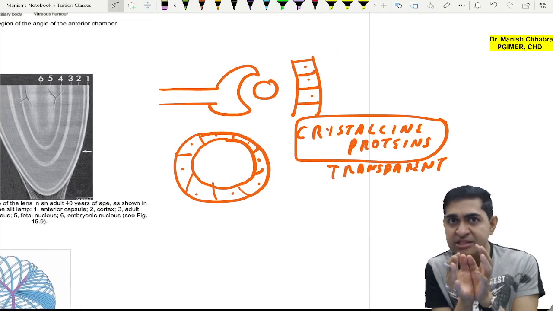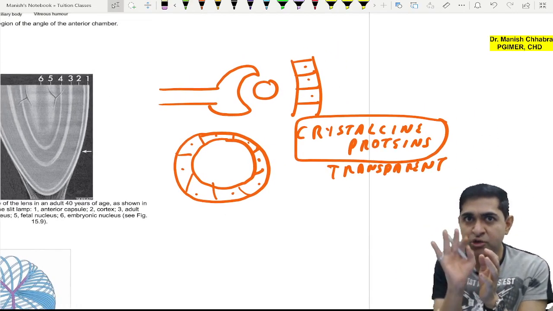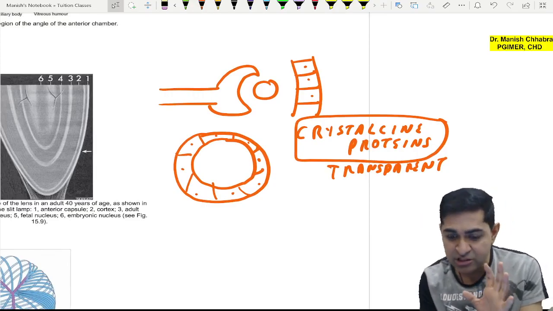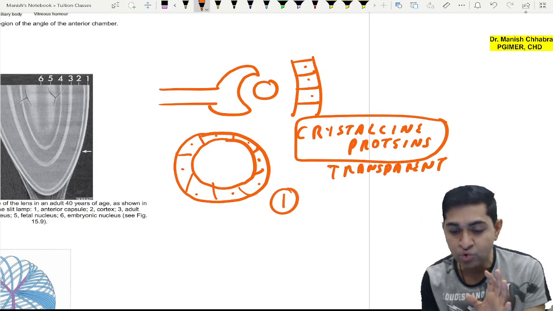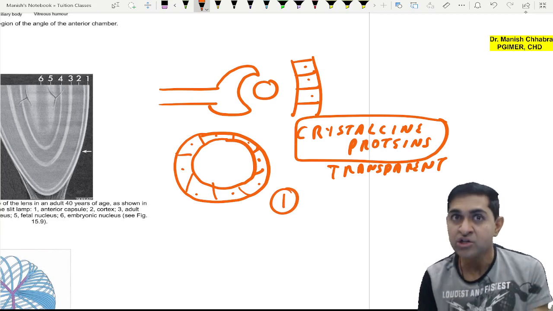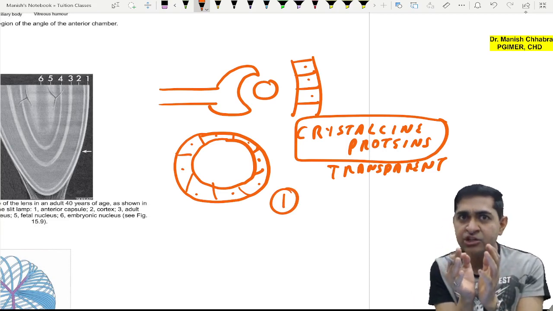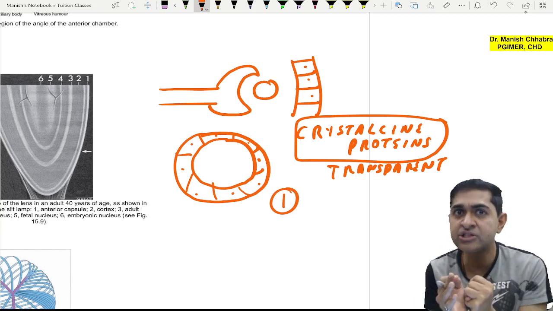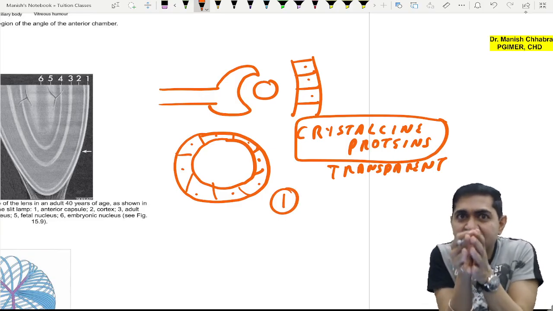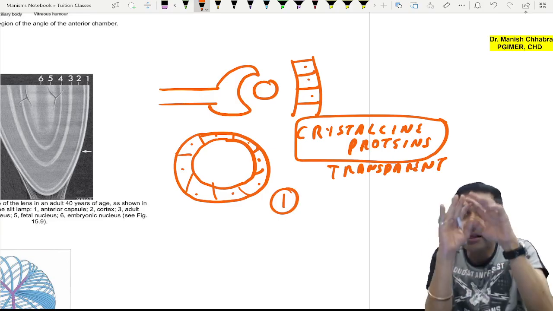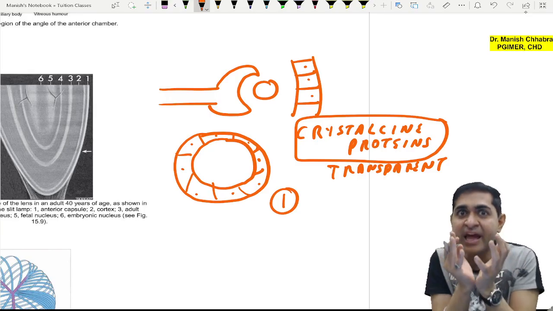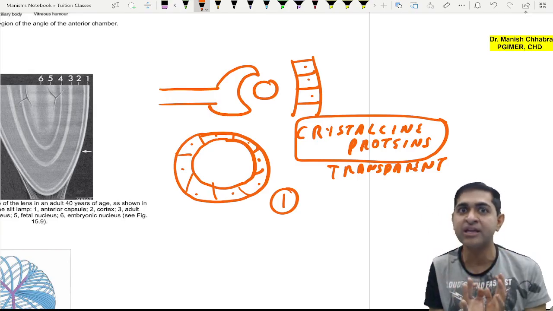Once there is movement from posterior to anterior, this is going to form one nucleus of the lens. The lens is divided into three parts: the central nucleus, the peripheral cortex, and the capsule which surrounds the lens.